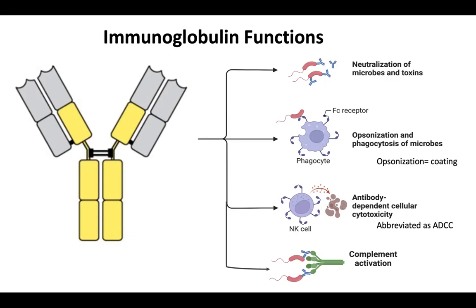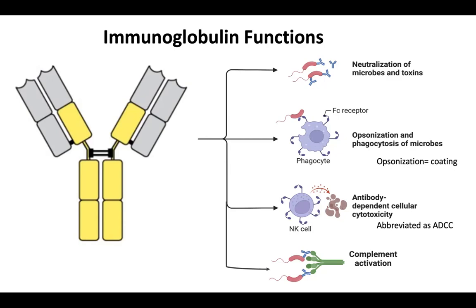Alternatively, it can facilitate phagocytosis, which I mentioned before. This is something that innate immune cells do. It does it by opsonizing the target. This is also a term that you see in immunology papers. Opsonization is just a more complicated way to describe coating the target with immunoglobulins.